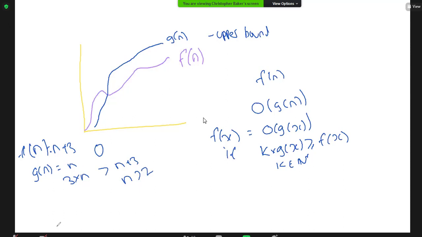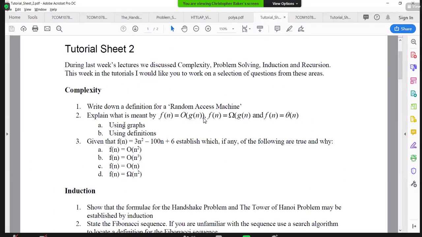So you're looking at the cutoff point, after which this is always bigger than f of n, so it's asymptotically bigger than f of n. You have to do the same for big omega, which is a lower bound, and then theta, which bounds it with an upper and lower bound, by using graphs and definitions.